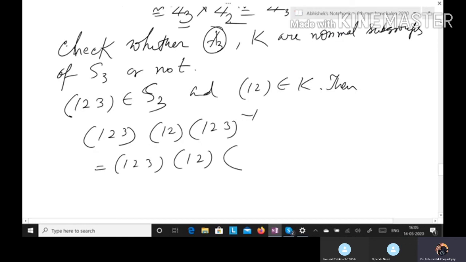What is the inverse of (1 2 3)? It is (1 3 2).